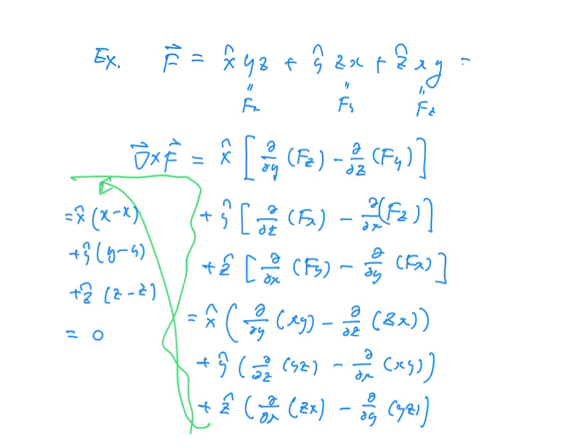This can be written as the gradient of xyz. The x component of the gradient is partial x of xyz, which is yz. The y component, partial y of xyz, is xz.